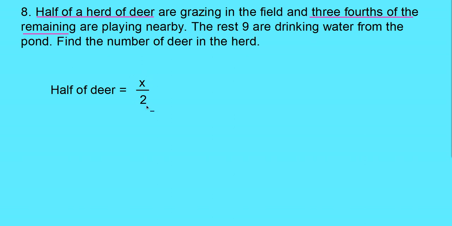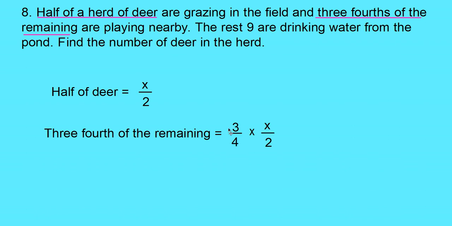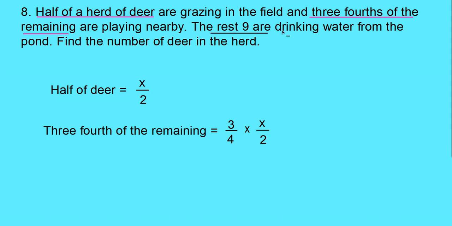Already x by 2 are grazing, so the remaining is also x by 2. So 3/4 of the remaining is 3 by 4 into x by 2. Already half is there, the remaining half is x by 2. And the rest 9 are drinking water.